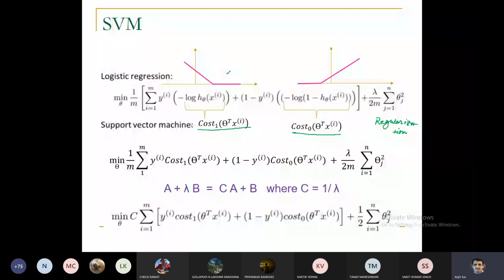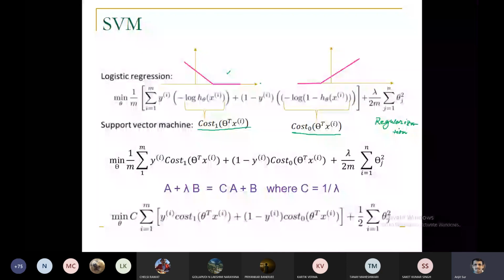Now if we approximate it, then we call it a support vector machine. I'll come to why we call it support vector machine, but this is the approximation of this particular idea.